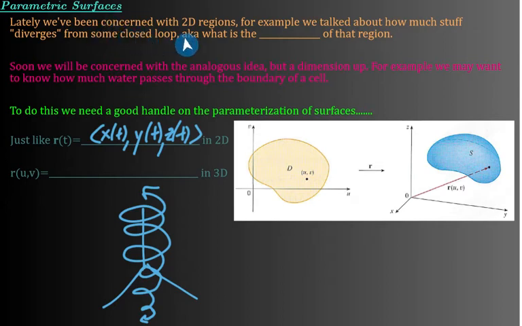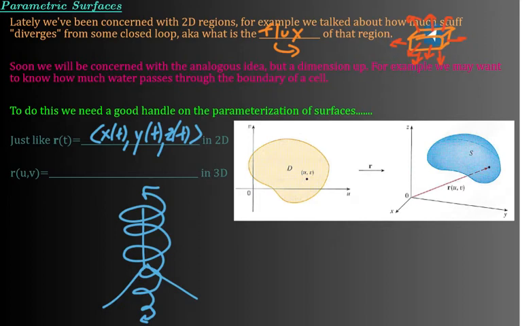And same thing up here. Lately we've been concerned with 2D regions, and we've talked about how stuff can diverge from a closed loop in 2D space. That can be understood as this thing called flux. You can also do flux for 3D objects. If you have some sort of rectangular prism that could represent a cell, with a cell membrane, you can talk about all the stuff that leaves the cell at any given spot, and that is this idea of flux still.